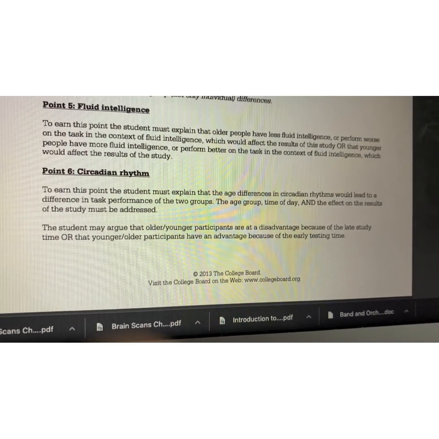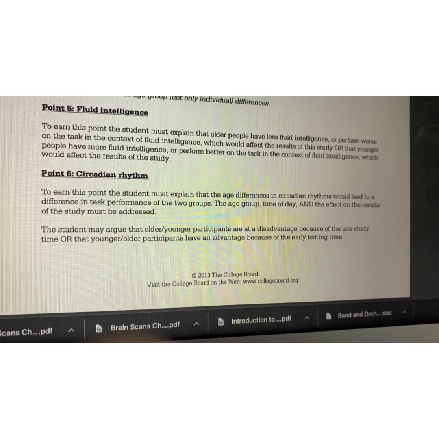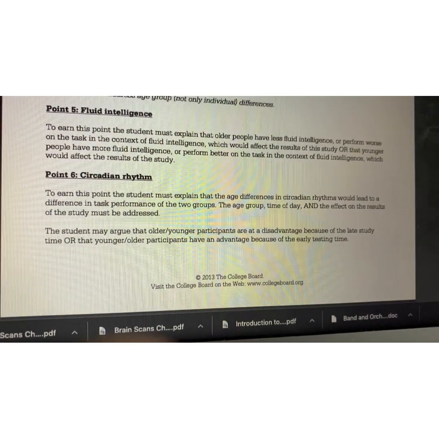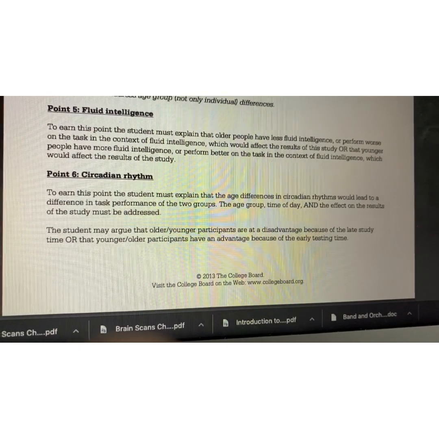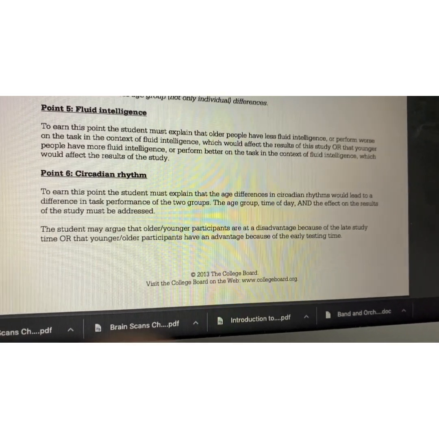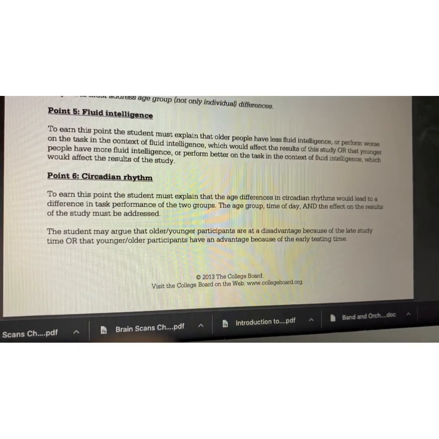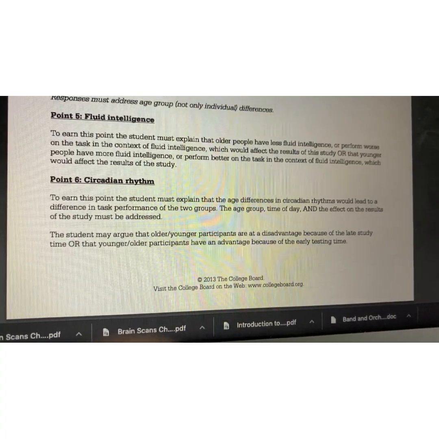We may argue that older or younger participants are at a disadvantage because of the late study time, or that the participants have an advantage because of the early testing time.